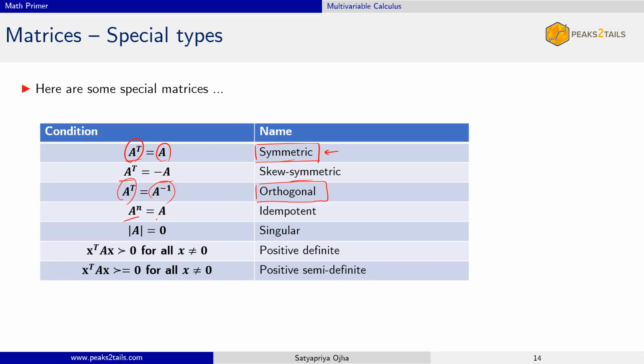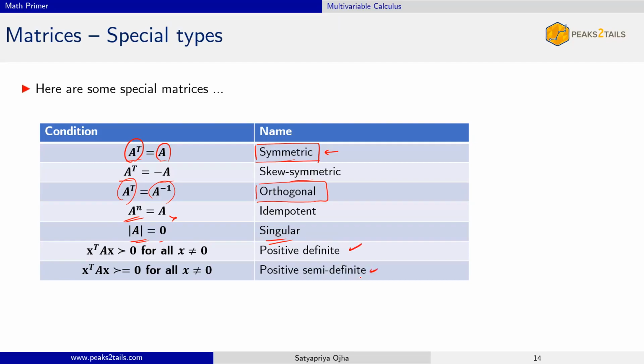And idempotent matrix is you keep multiplying A with itself, you keep getting back A. A times A is A, A times A times A is A, A to the power 4 is A, A to the power 100 is A. Idempotent matrix. If the determinant of A is 0, it's called a singular matrix. This is dangerous, right? Anytime you hear the word singularity, it is a dangerous thing. Okay. If determinant is 0, it is singular.